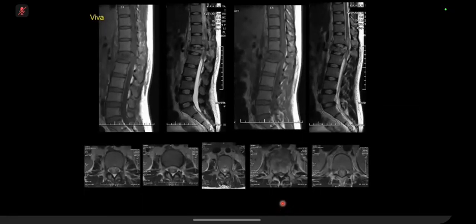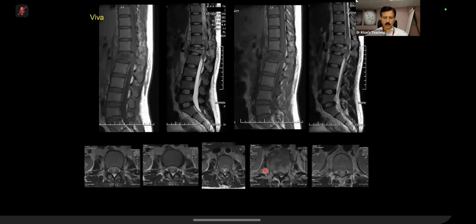There is myelopathic signal change evident in the cord at this region. And looking specifically anteriorly for any paravertebral collection. How will you report this finding here?